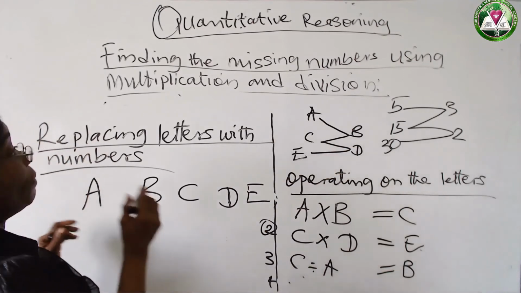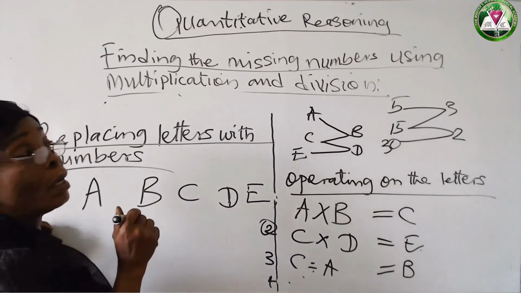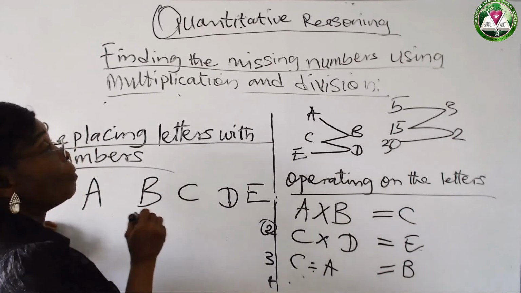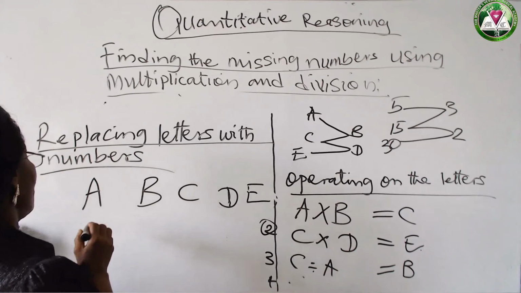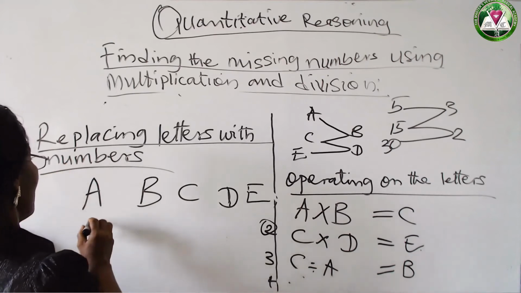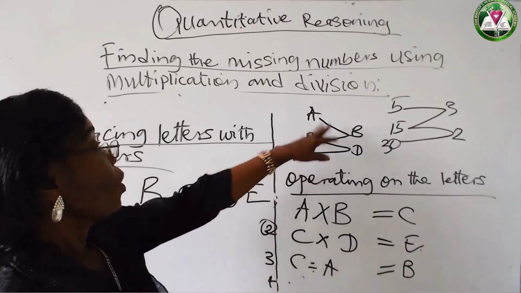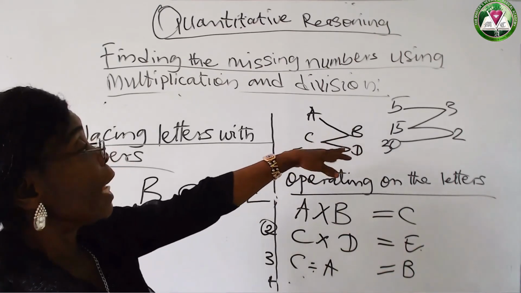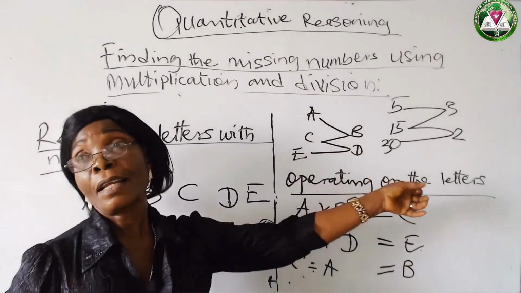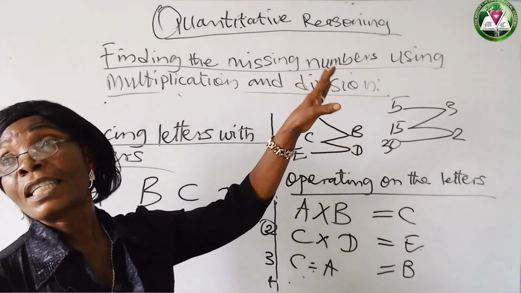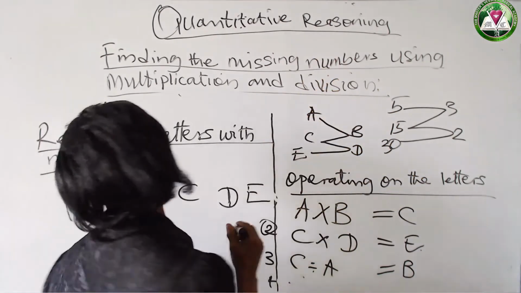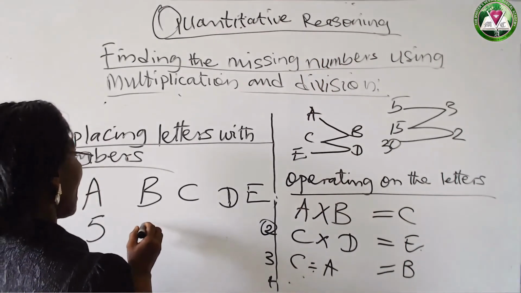The first number is what? Emeka? The first number is 5. So 5 is for A. You write 5 under A. Where do we put number 3? Ogechi. Okay, at B, under B.